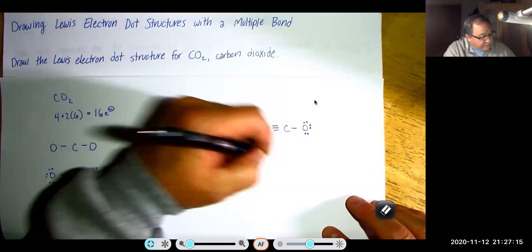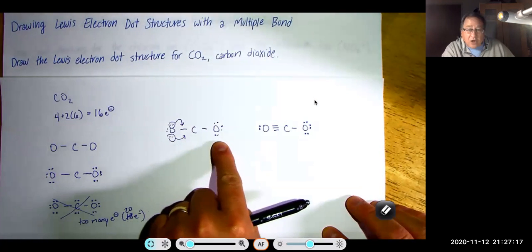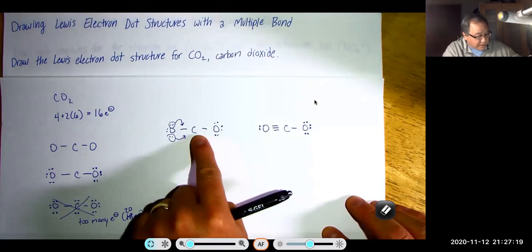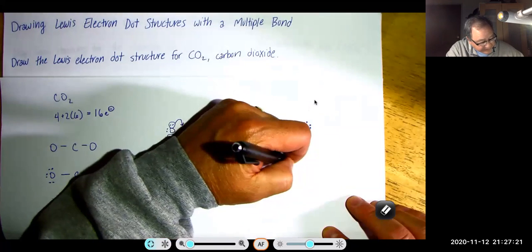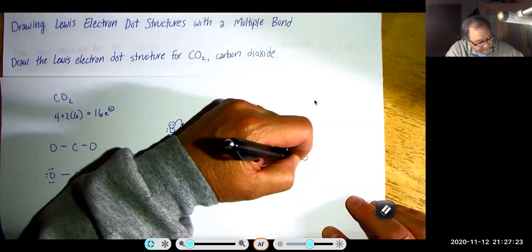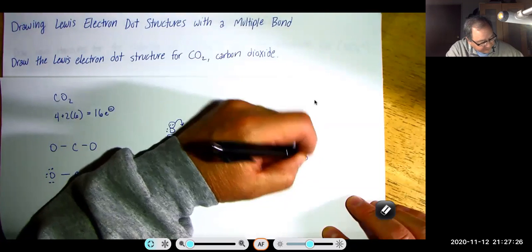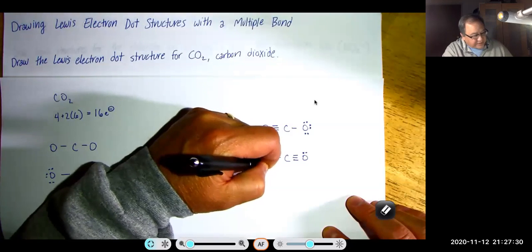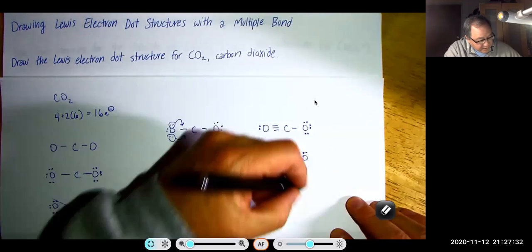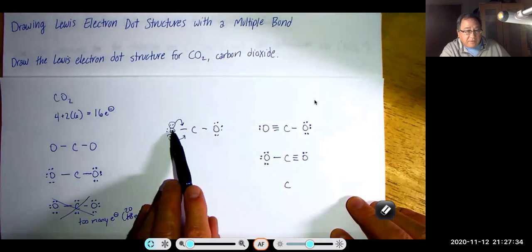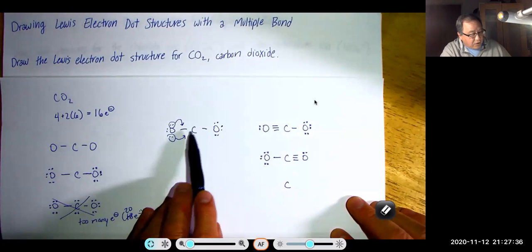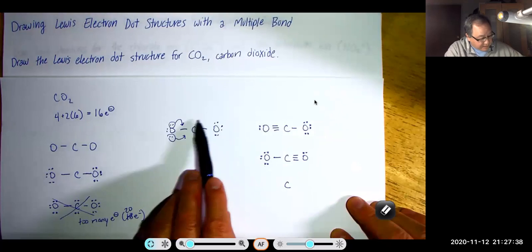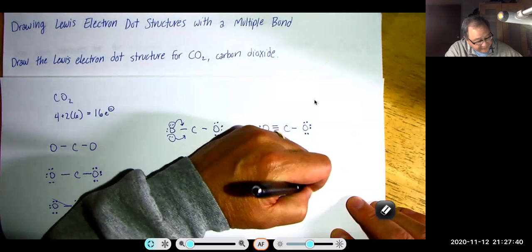Or you could do the same for this oxygen. You could take a lone pair and make it into a bond, another lone pair and make it into a bond, and you could get this. So that's another possibility. Another possibility is you take one lone pair from one oxygen to make a bond, one lone pair from the other oxygen to make a bond, and do this.